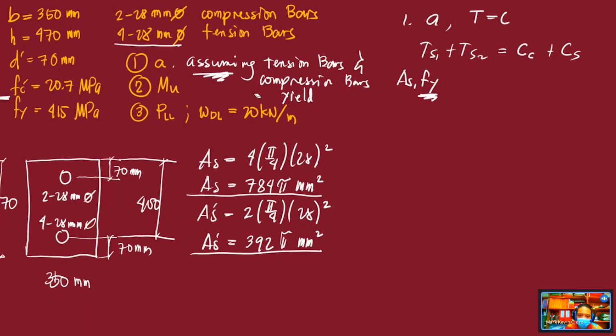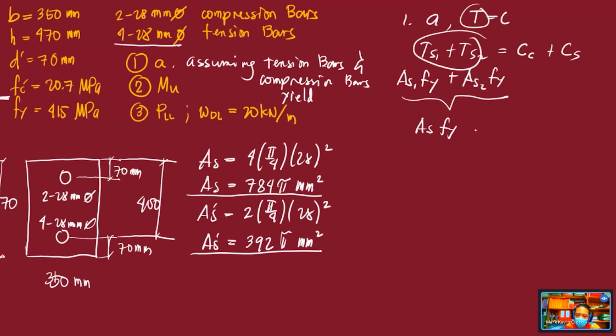TS2 is AS2 multiplied by Fy, also Fy because it yielded. Since both yielded, we can rewrite this as AS1 plus AS2, which is actually your AS, times Fy. These two together are your T. That is AS Fy. This is equal to your Cc.